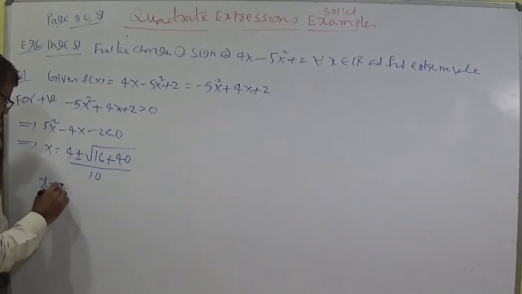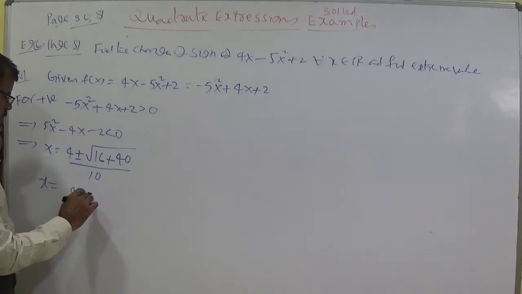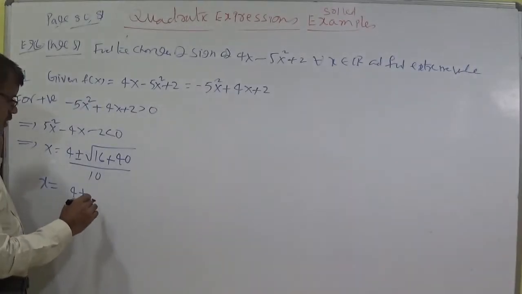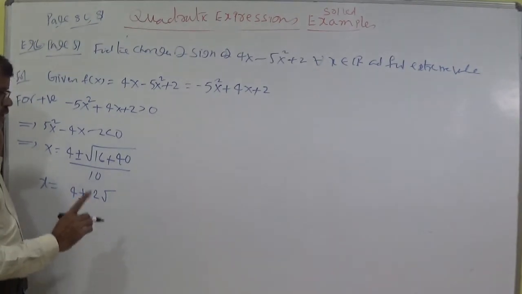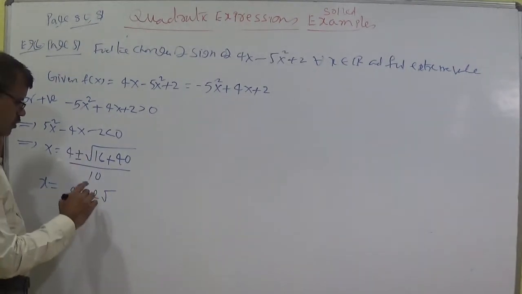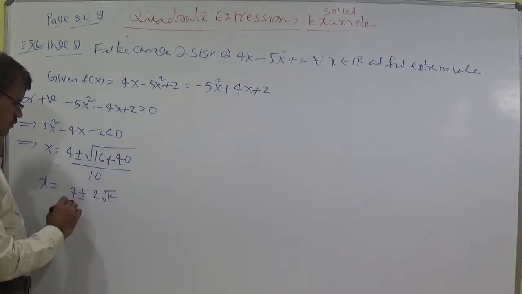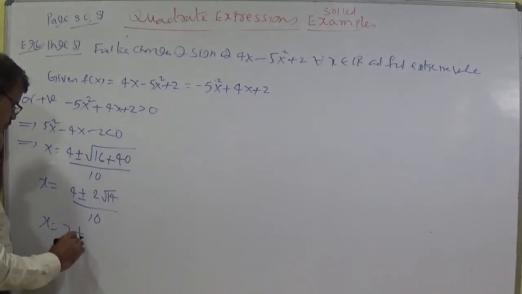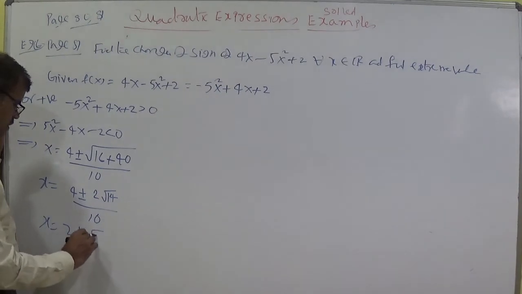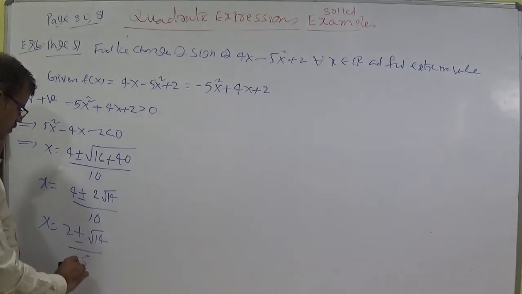So x is equal to 4 plus or minus root of 16 plus 40, that is 56. 56 you can write as 4 into 14, so 2 root 14 by 10, and x is equal to 2 plus or minus root 14 by 5.